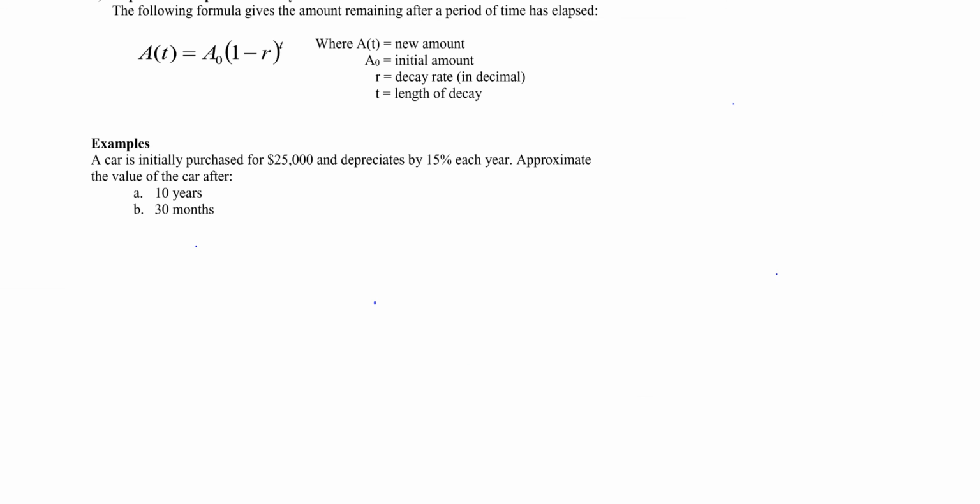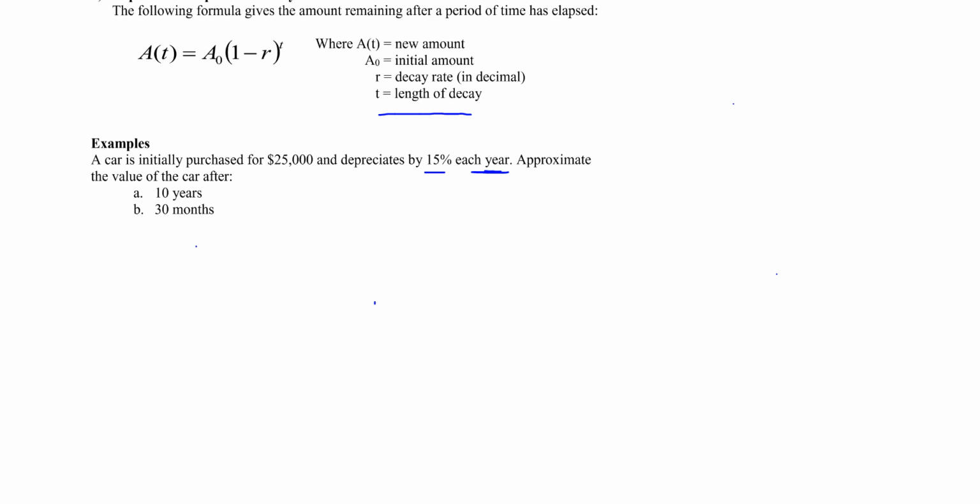Okay, now for our last example, we're going to look at the value of a car and how much it depreciates per year. So again, our formula for our time is our length of decay. It decays by 15% each year, so our time always has to be in years. The first one, I have 10 years, we're good.